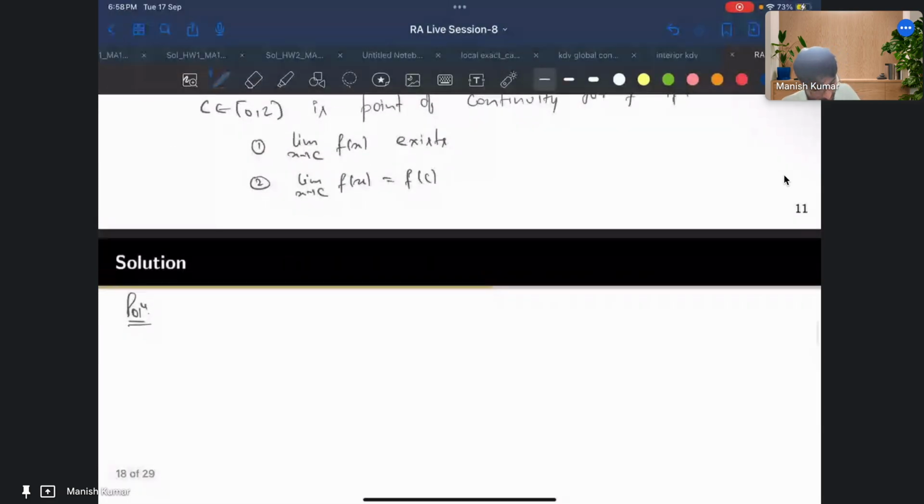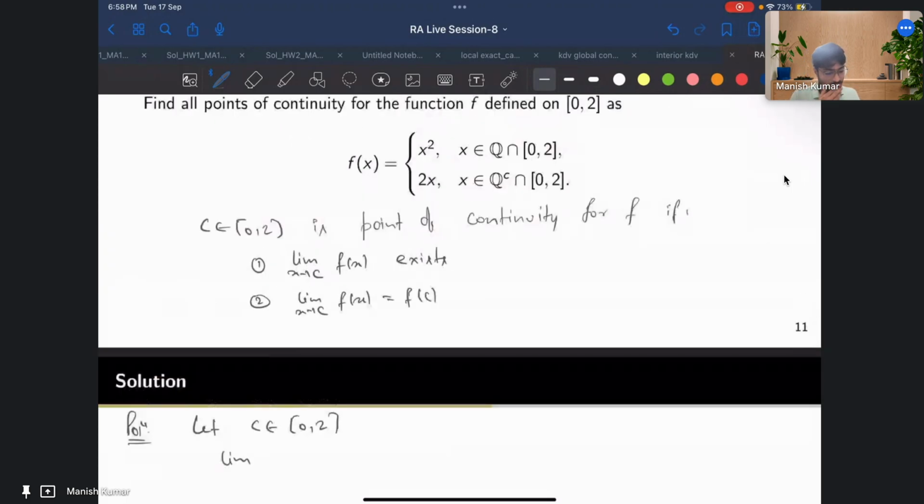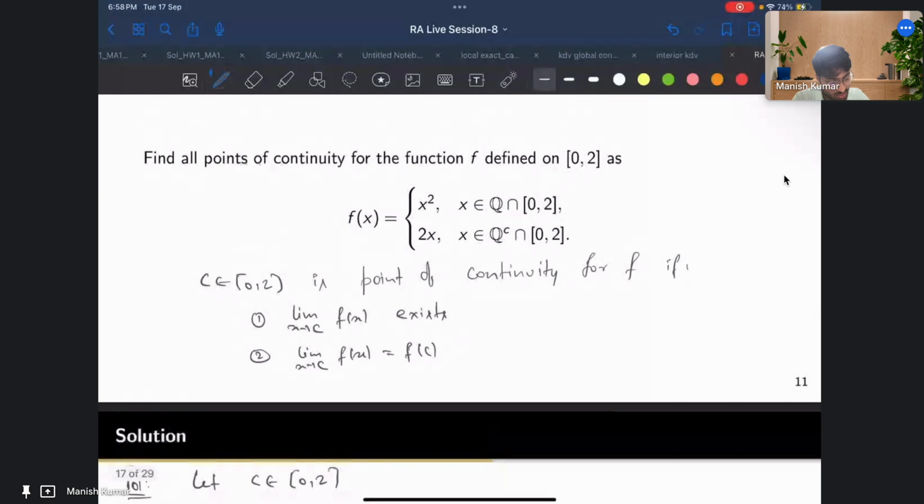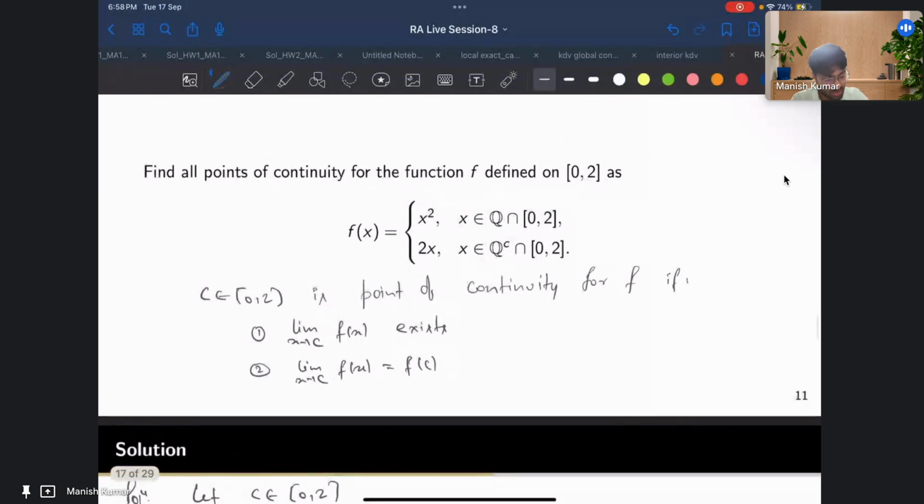So let c belong to (0, 2). Okay, then the limit... so see, I'm just trying to guess. How to guess is, let's say you have two sequences, one in the rationals and one in the irrationals.